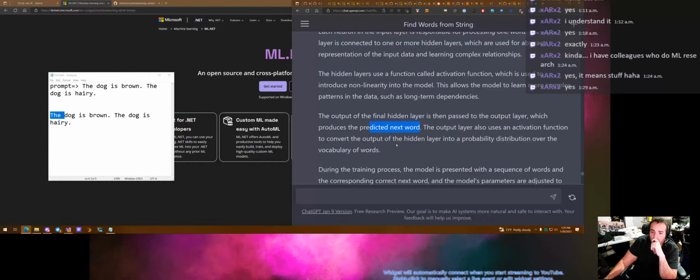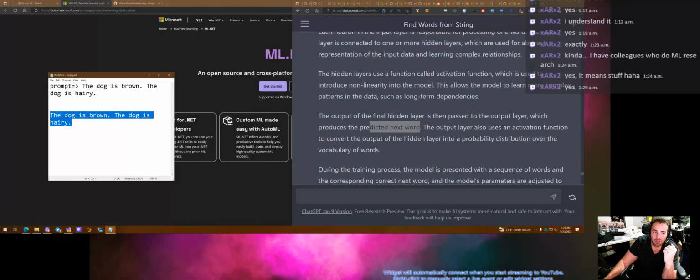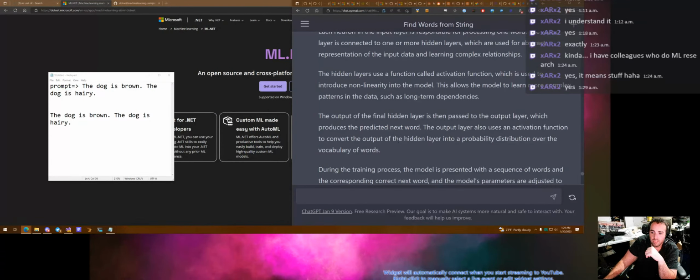So the input takes this whole piece, it gets tokenized, one per neuron, it goes all the way through, maybe kind of like a fork-join, and then eventually you end up with the next word in the output layer. The output layer also uses the activation function to convert the output of the hidden layer into the probability distribution over the vocabulary of words.